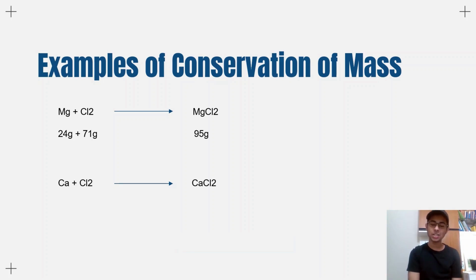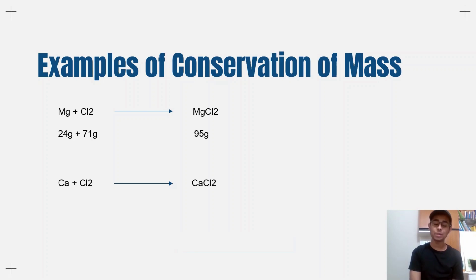After the reaction, if we add the two masses, 24 grams plus 71 grams, we get 95 grams, which is equal to the mass of magnesium chloride, which is actually pretty usual, as we already know that conservation of mass states mass is neither created nor destroyed.